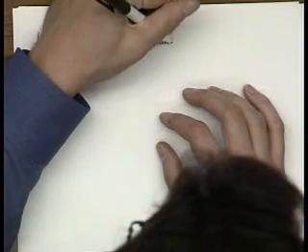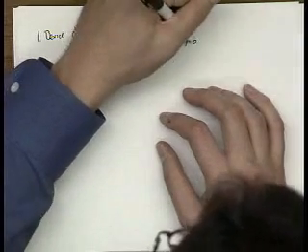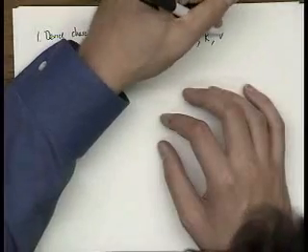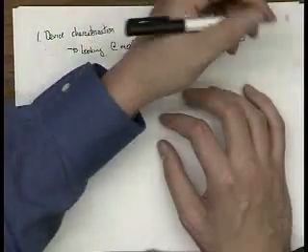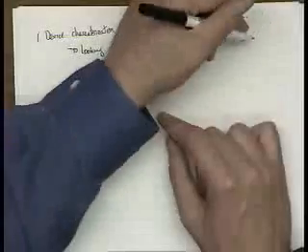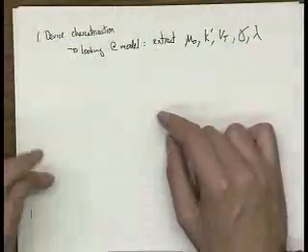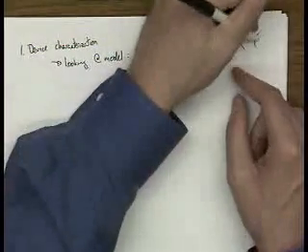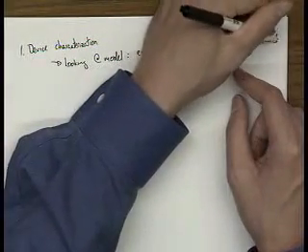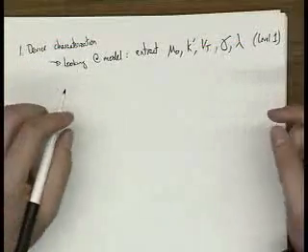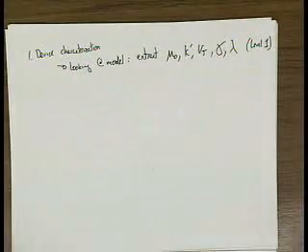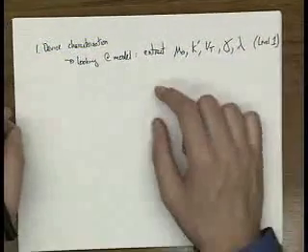Extract mu naught, k prime, Vt, gamma, and so on, as well as lambda, to get all your model parameters. These are all level 1. We need to extract mu naught. Mu naught times Cox is k prime. So that's one thing you can do.